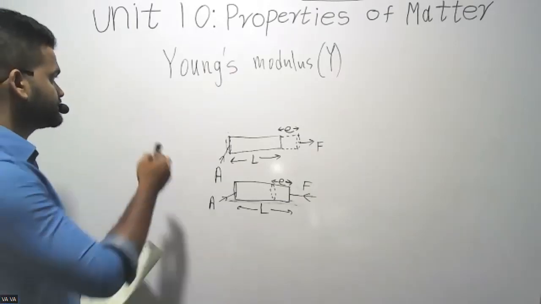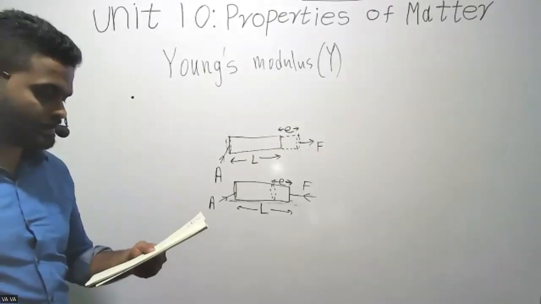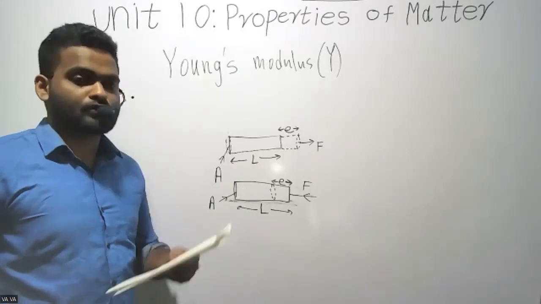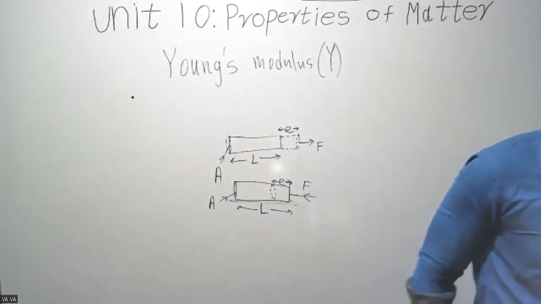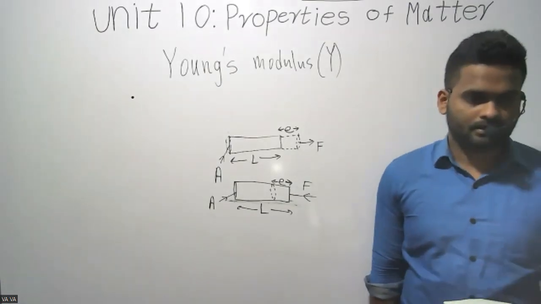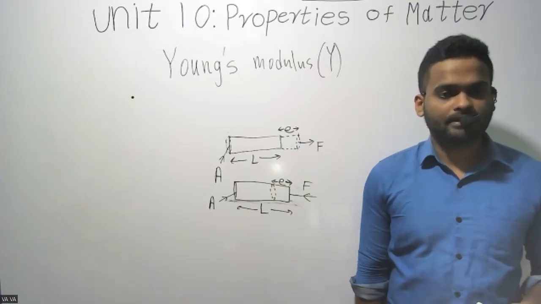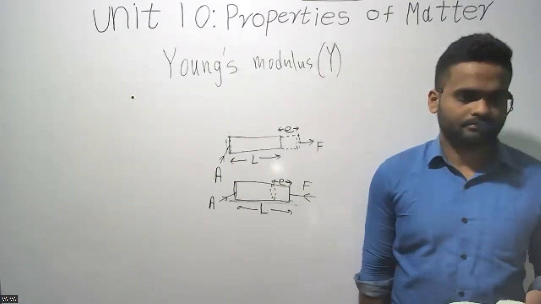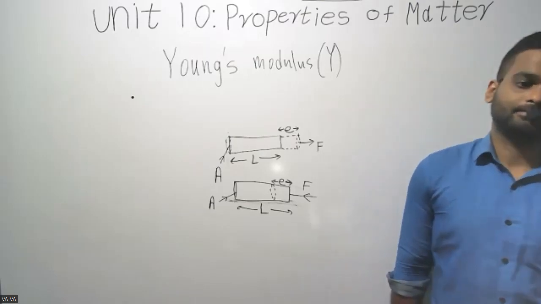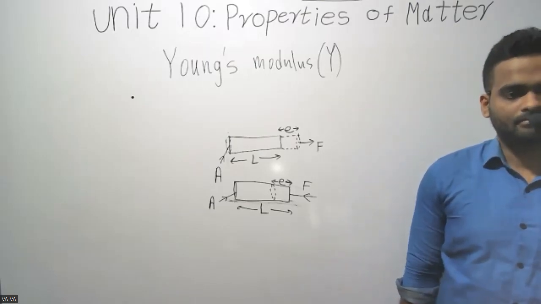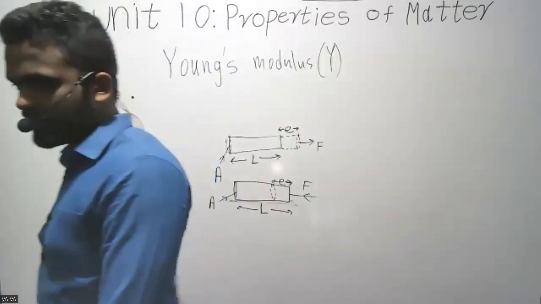Then write a sentence. This is like a point. Fractional change of length is called strain.